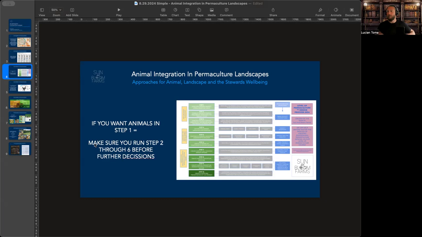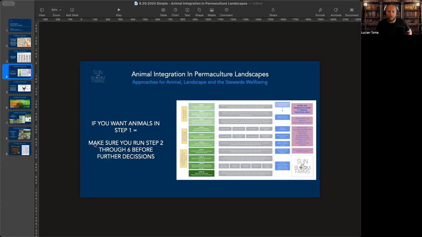The mission could be to feed us and the local community, and in our goals, we want to have, I don't know, 50 to 100% of the protein that we consume every year come from the landscape. Those are some of the mission, vision, and goals that we would have in a permaculture design process in the beginning.